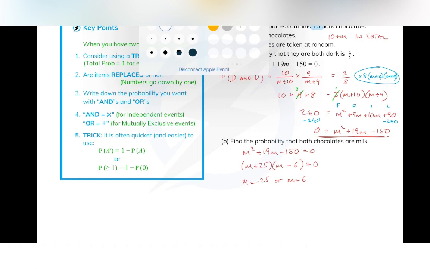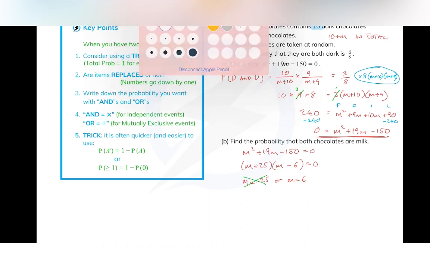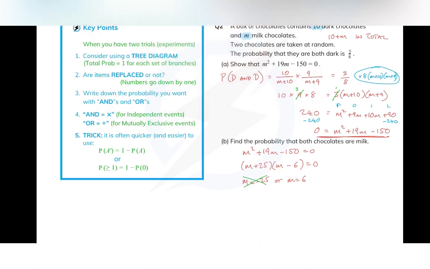Now obviously we can't have minus 25 milk chocolates, so let's cross that one out, and we know that we have 6 milk chocolates. And then we're asked to find the probability that both are milk. So the probability of m and m, again using the golden rule of writing down the probability we want with ands and ors if necessary, and then using and equals times.